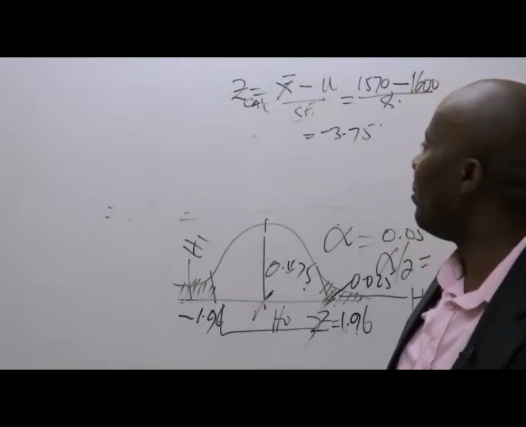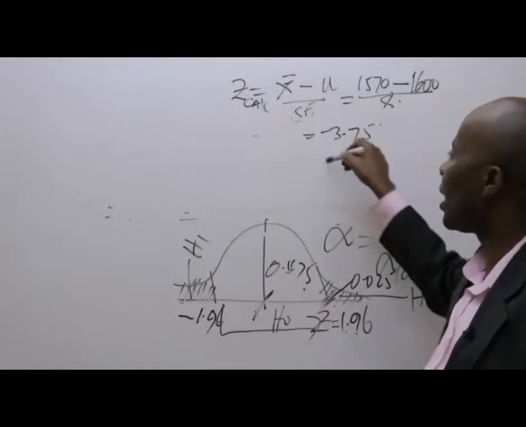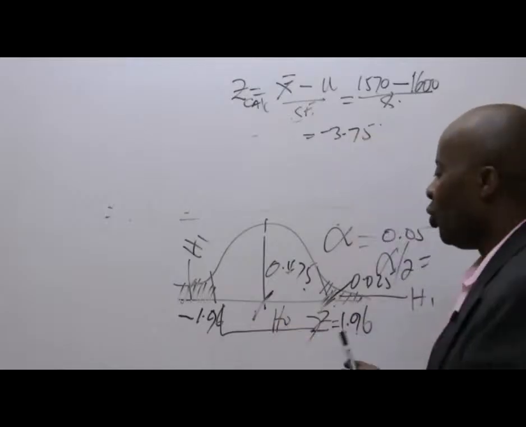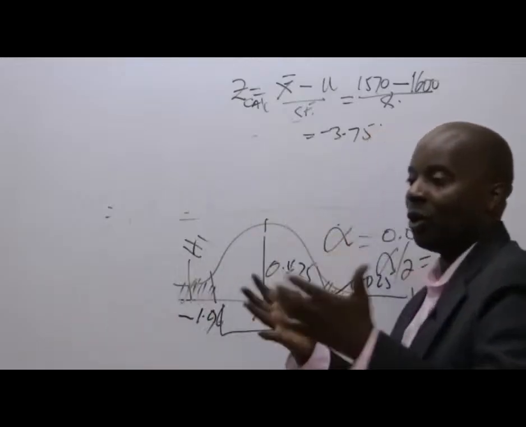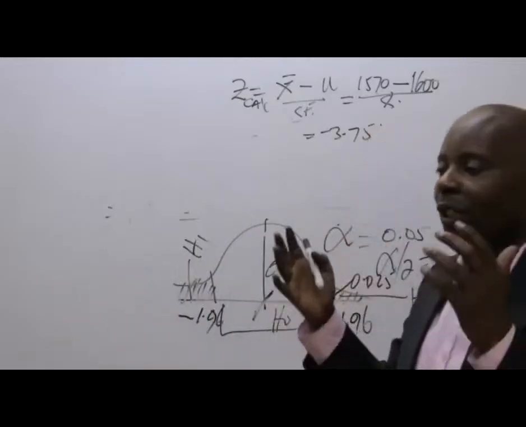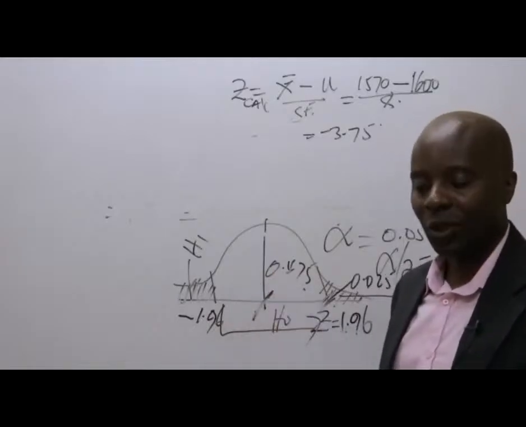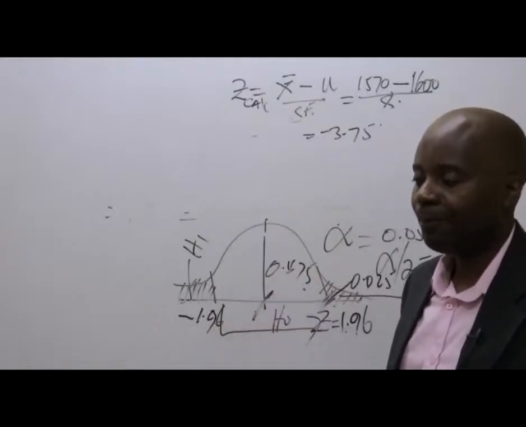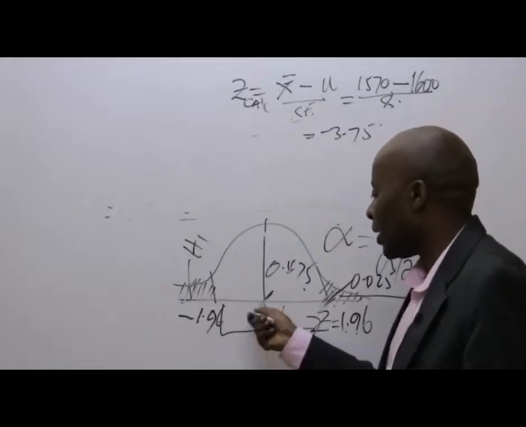Now, from there, come and place this Z calculated figure on your diagram. You have your number line here. Tell me whether it falls on a shaded area or an unshaded area. This minus 3.75, where does it fall? At the middle I have a 0.